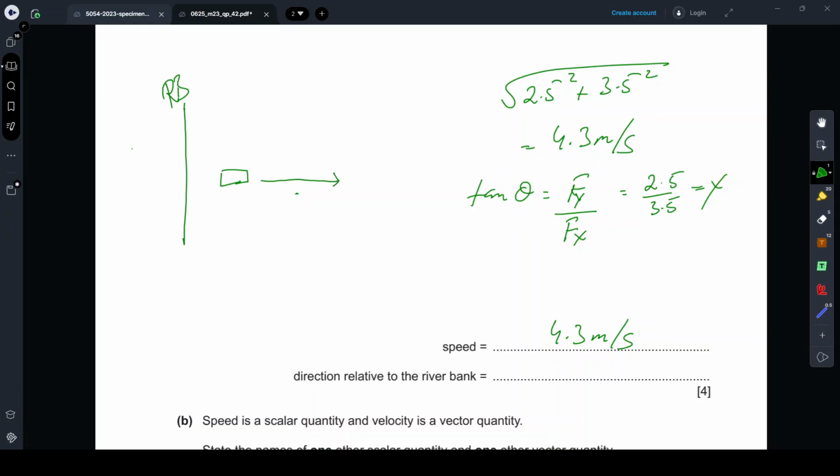It's moving at 3.5 meter per second. And the current is 2.5 meter per second.